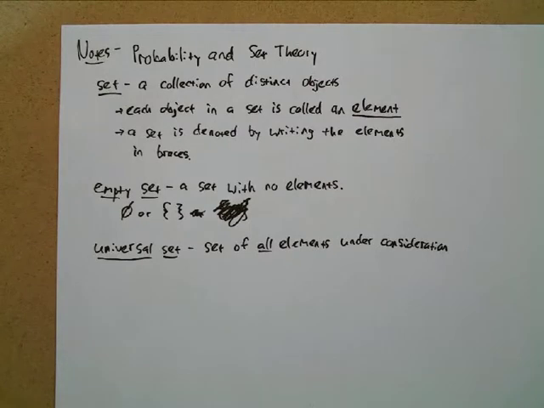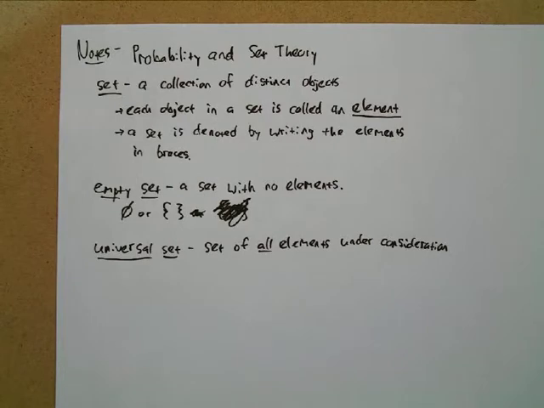So what do I mean by that? We could talk about the set of all real numbers. That would be a universal set because it has every single real number in it. You can talk about the set of integers, which again is universal because it's talking about all of the integers. It's when you start pulling out smaller subsets.